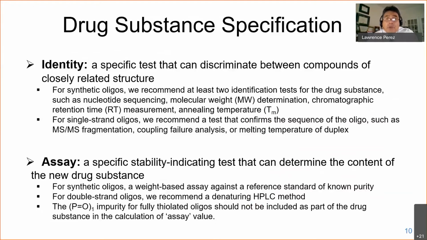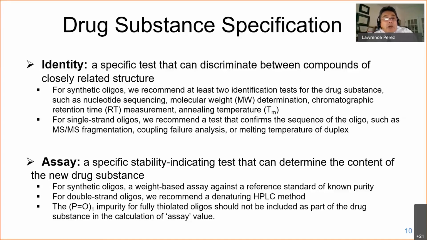This is difficult for oligos because some of the product-related impurities are very close in structure to the final API. So we request for identity for oligos that there be at least 2 identity tests for confirming the identity of the drug substance.